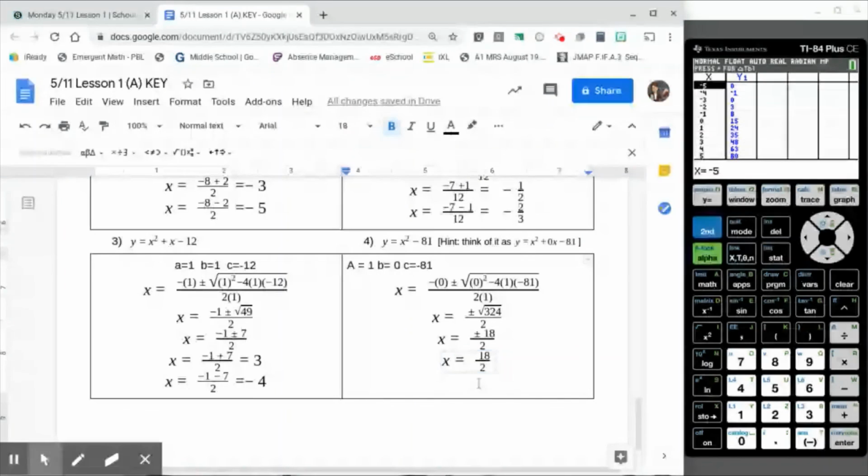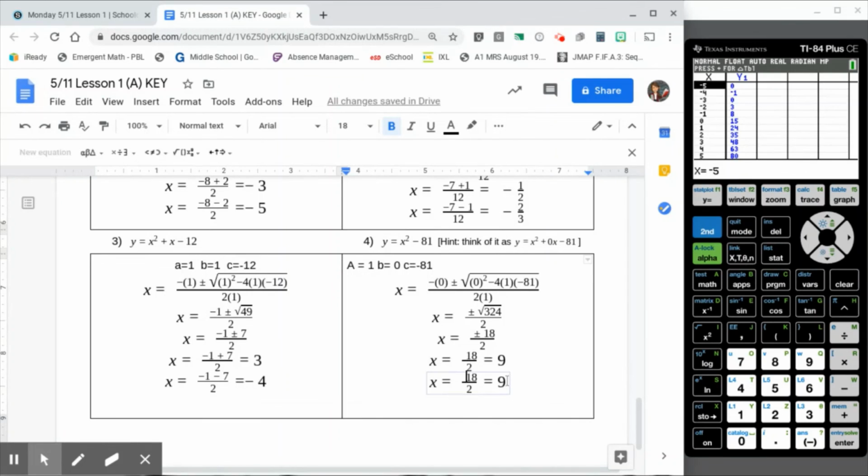But we don't really need that positive in front because we already know it's positive. 18 divided by 2 gives us 9. And then we know the bottom one would just be negative 18 because we would have that minus 18 basically, but nothing to subtract it with. So negative 18 divided by 2 is negative 9, which we knew already.